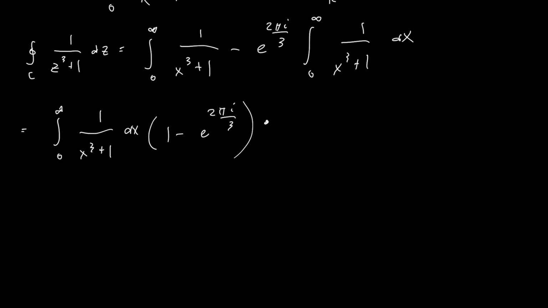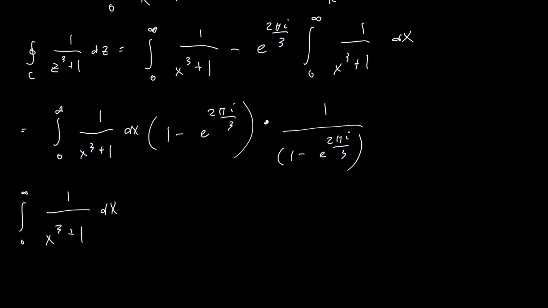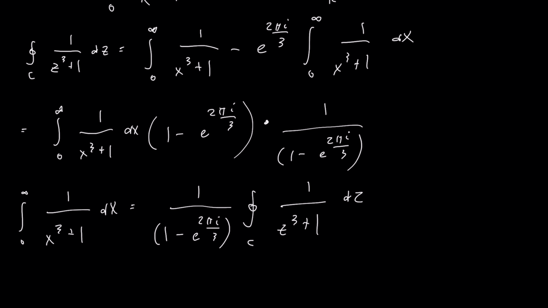And then multiplying both sides by 1 over 1 minus e to 2 pi i over 3, we're going to get that the integral from 0 to infinity 1 over x cubed plus 1 dx equals 1 over 1 minus e to 2 pi i over 3, and then the integral over this contour of 1 over z cubed plus 1 dz.